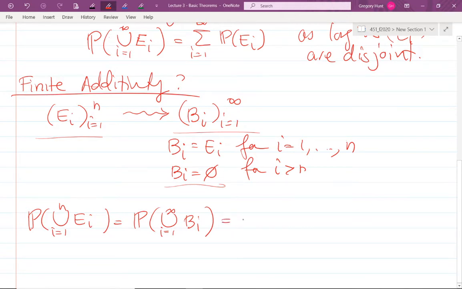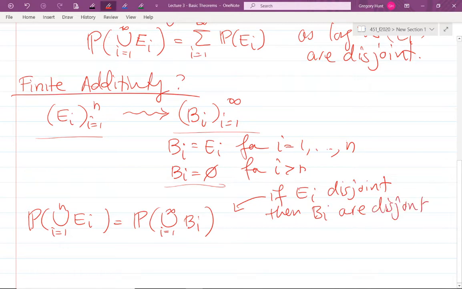And by countable additivity, as long as, let's say, the E sub I are disjoint, the B sub I are certainly going to be disjoint. Tacking on any extra empty sets doesn't change the disjointness, since the empty set is disjoint from anything. Let's say then the B sub I are disjoint.